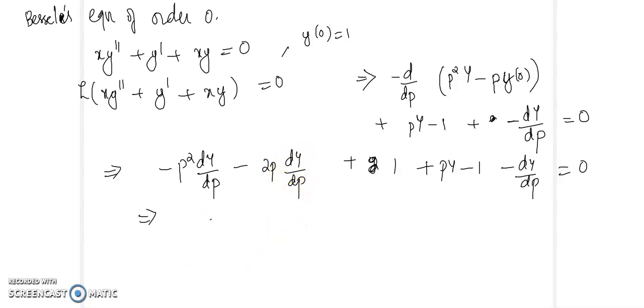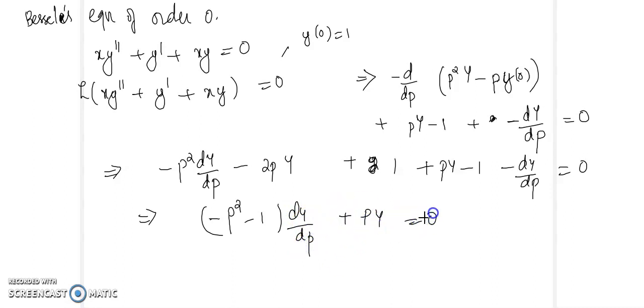Sorry, here this is 2pY. Okay, so upon simplifying you will get minus p square minus 1 dY by dp plus pY equal to 0. Sorry, minus pY equal to 0.